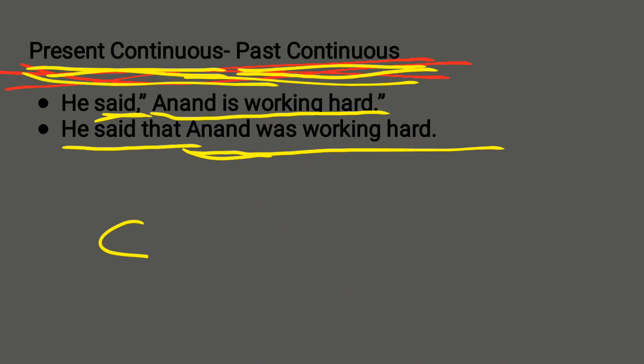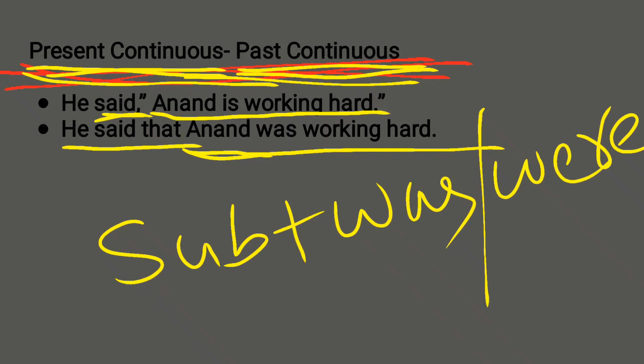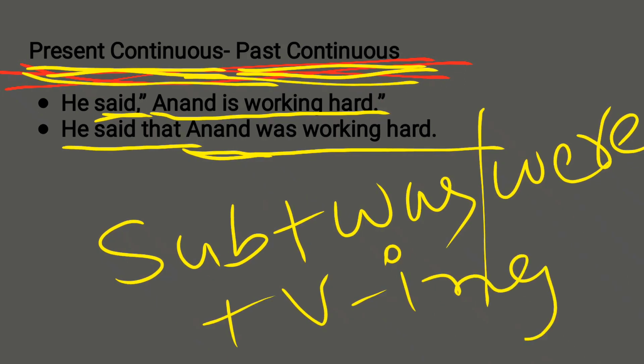The formation for past continuous tense is subject plus was, were, plus verb in ing. Yes or no? Verb in ing. This is how you will convert a sentence whose reported speech is in present continuous tense. Now let's move to the another one.